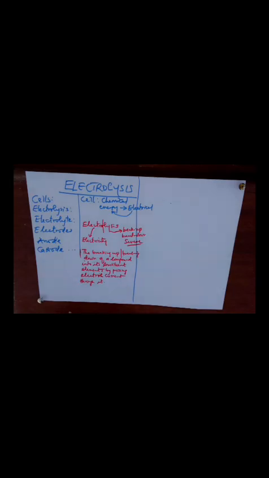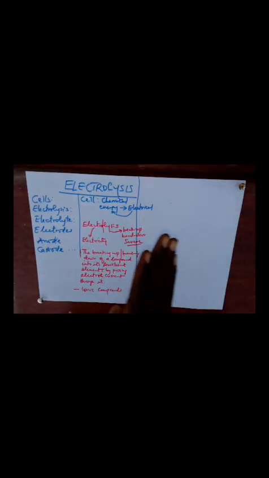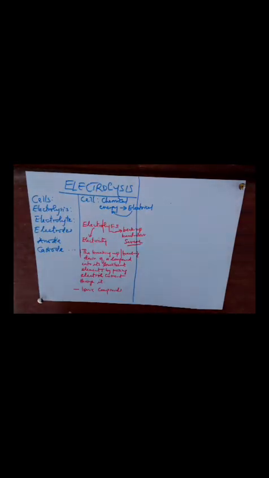Most times the compounds are ionic compounds. Most times we talk about ionic compounds in electrolysis. And what are ionic compounds? Those compounds which on dissolution in water are split into the positive and negative ions making them up.